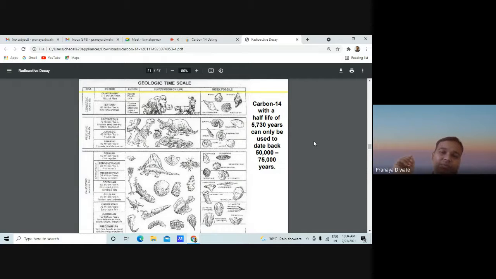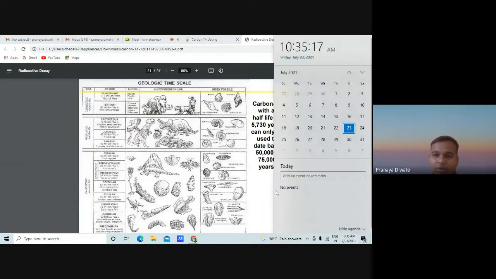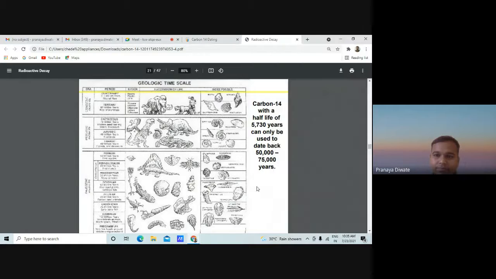The error is very small in radiocarbon dating. More archaeologists and others use radiocarbon dating. So this is how you can use radiocarbon dating for the purpose of dating.